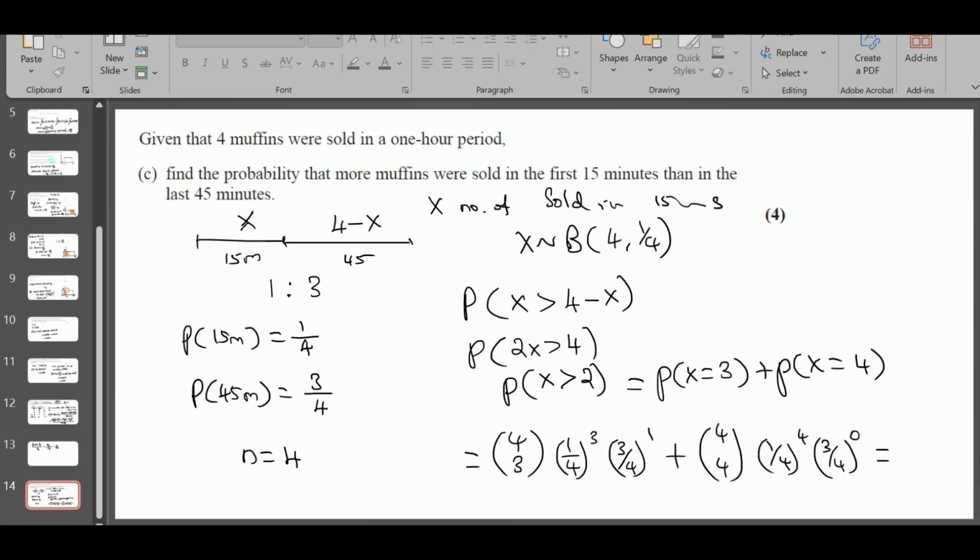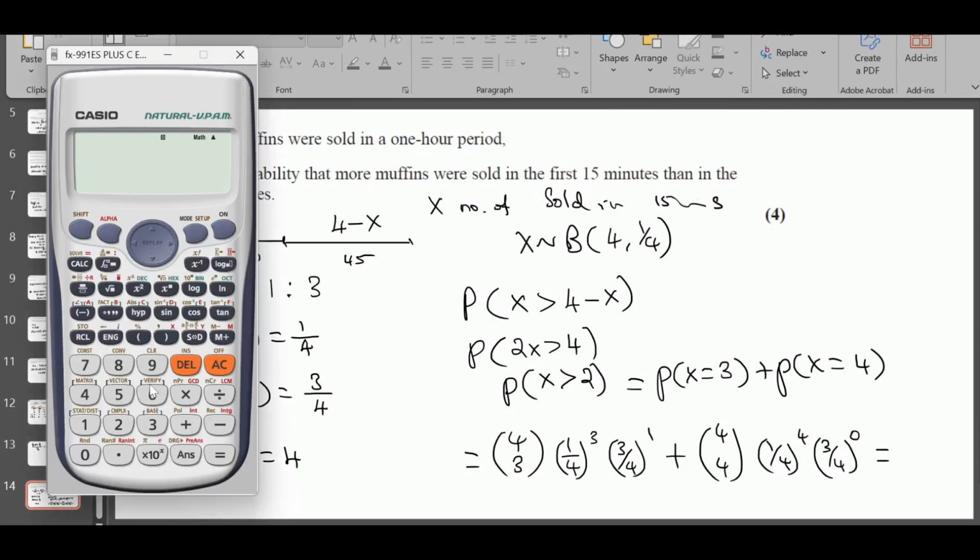You calculate this, you will get the same answer. So let's calculate this and see what's happening. 4C3 is just 4. So 4 times 1 over 4 to the power 3 times 3 over 4 to the power 1.